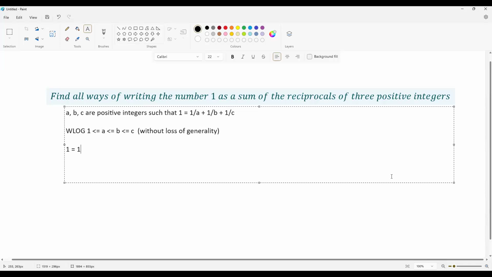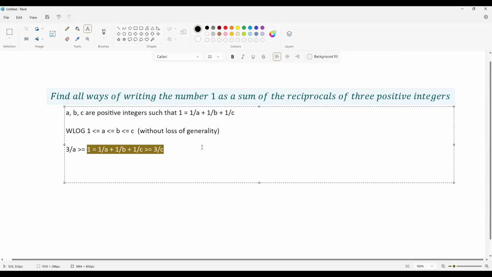So then that means 1 equals 1 over A plus 1 over B plus 1 over C. But that is greater than or equal to 3 over C, and it's also less than or equal to 3 over A. So let's see what these ones give us.